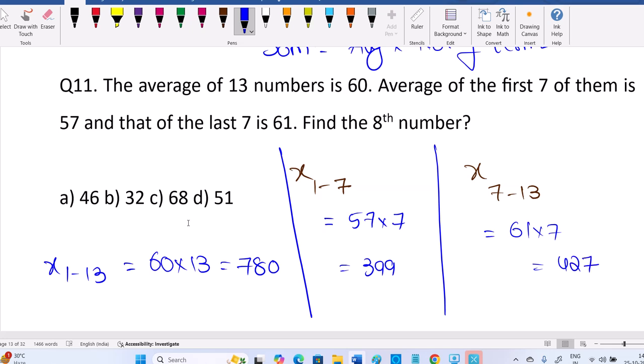Now, actually, they have to ask the seventh number.